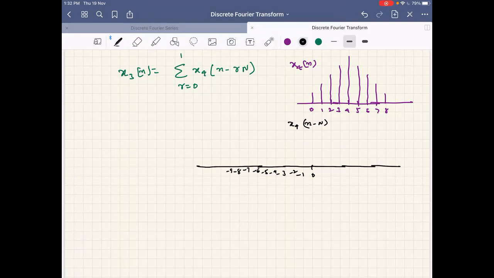So x4 of n, capital N equal to 4. Sorry, capital N equal to 5, and hence it should start from minus 5. 0 has to come from 5.